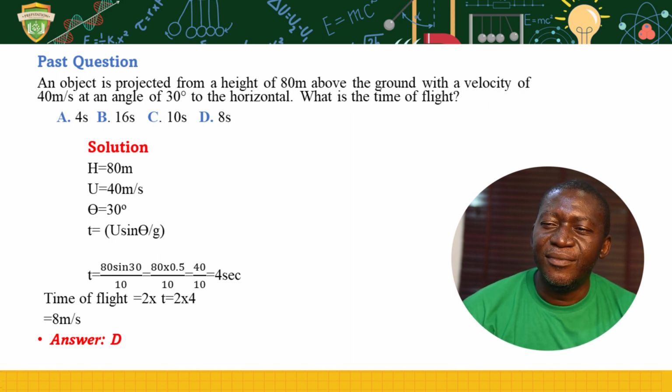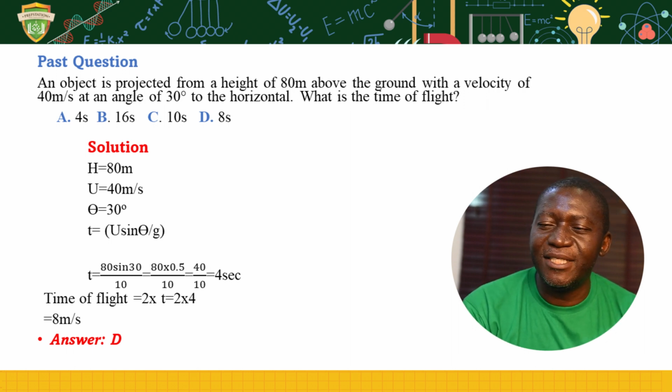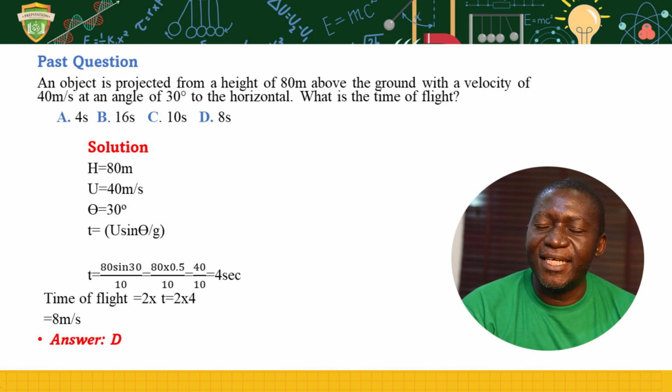So now, if we look at the question, we can see that t is usually u sine theta over g. Now, what is our u? The u there is equal to 80 meters per second, while our theta is 30 degrees.